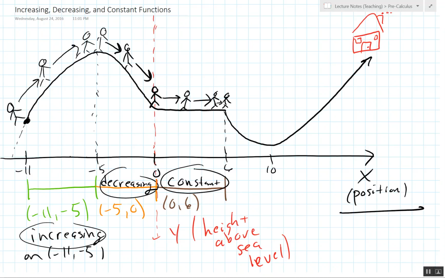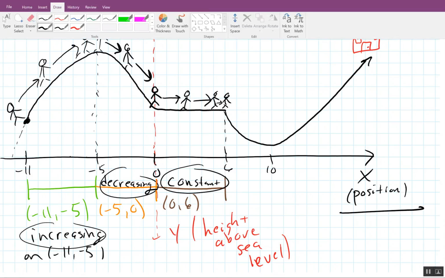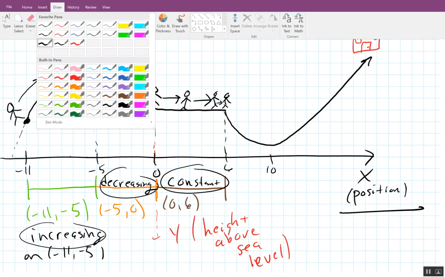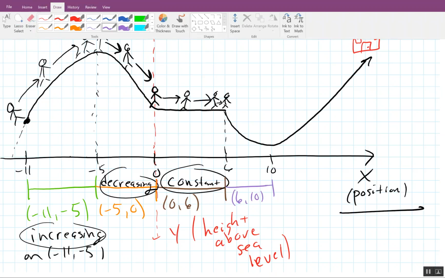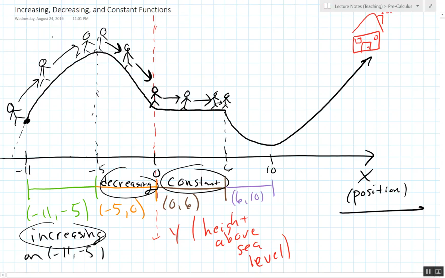So to continue this analogy, on this interval, let's do this in purple, from 6 to 10, notice that this person is now going down the hill, and this is pretty steep, so maybe he's going to sit down and slide down the hill until he gets all the way down to the bottom.